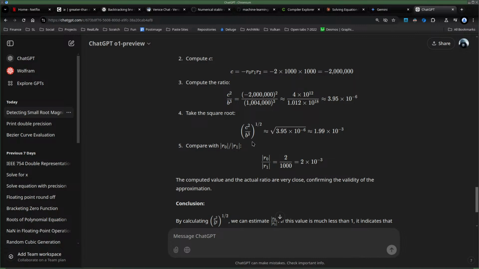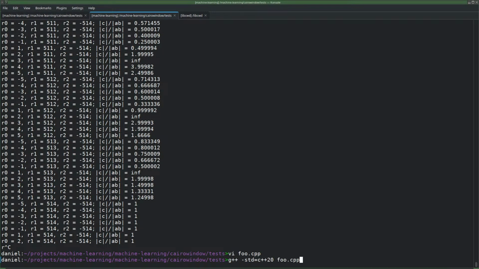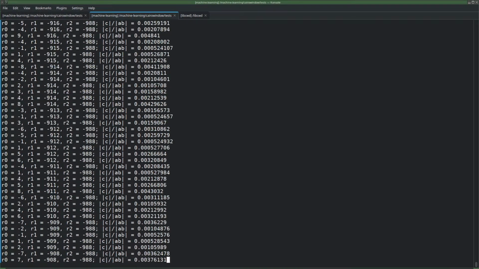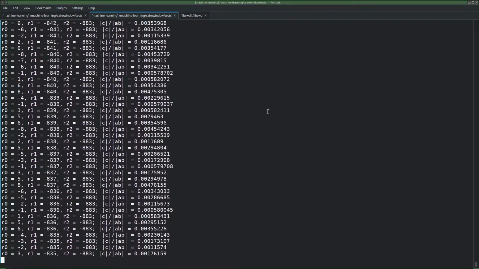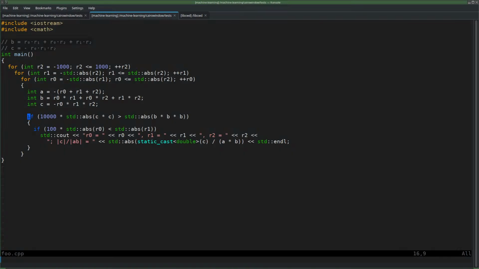So before taking the root, that's going to be 10,000. Printing the wrong thing again. It's printing a lot to begin with as well.